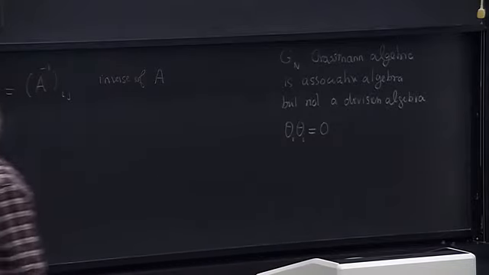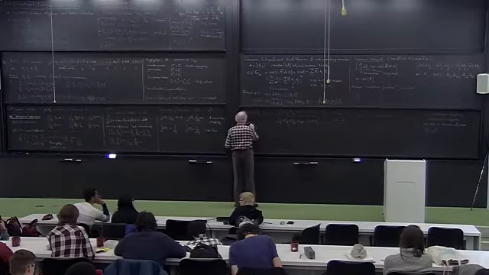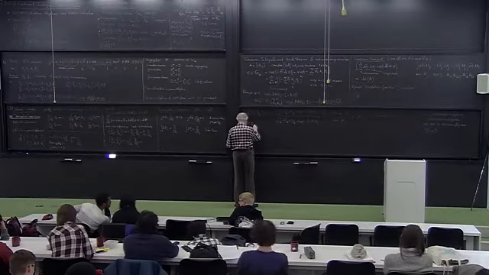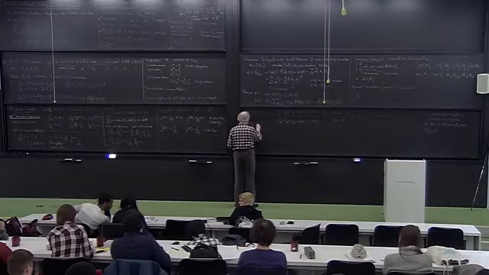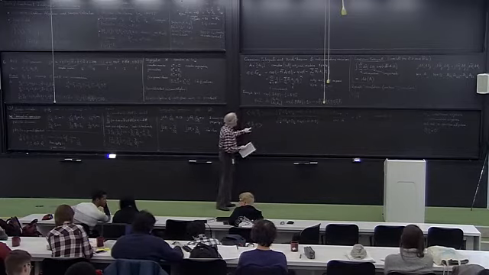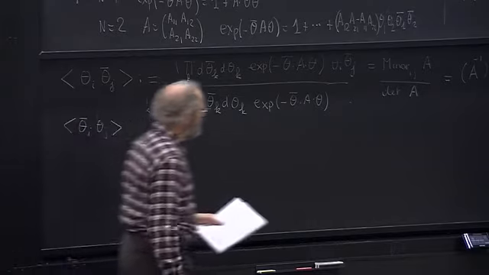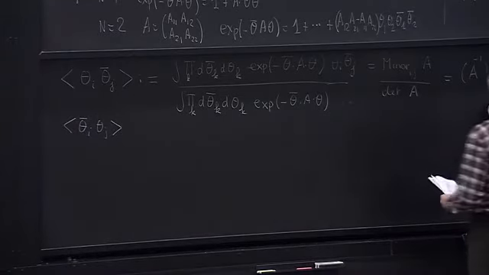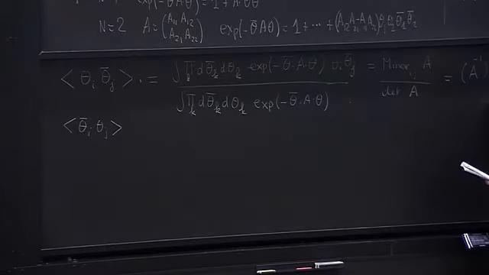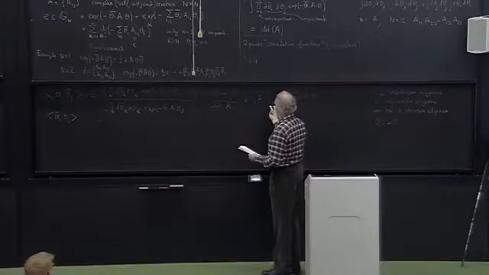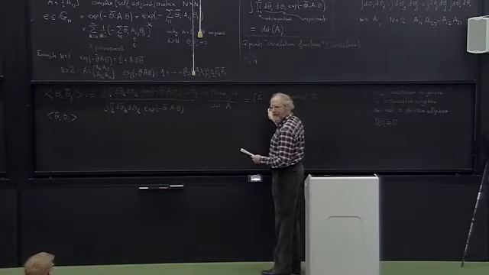But of course, if you compute theta bar I times theta g, this is minus theta g times theta bar I. So this is not going to be the transpose, this is not the conjugate.